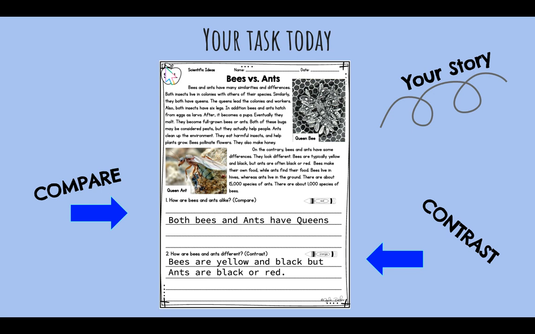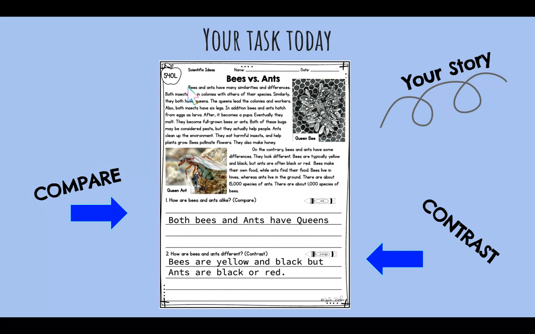Both of these bugs may be considered pests, but they actually help people. Ants clean up the environment. They eat harmful insects and help plants grow. Bees pollinate flowers. They also make honey. On the contrary, oh, look, there's that word again. On the contrary, so that means, despite what people feel, bees and ants have some differences.